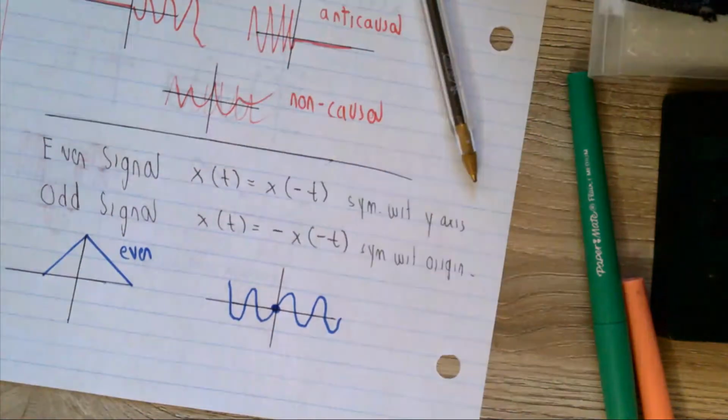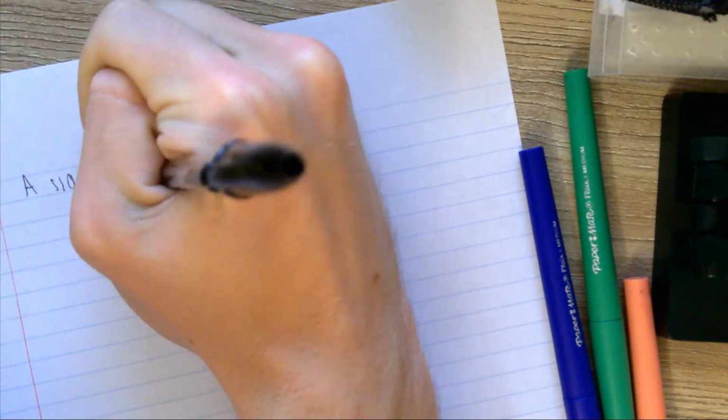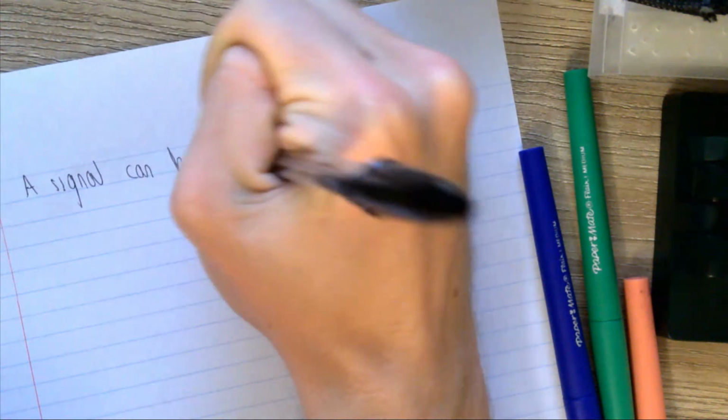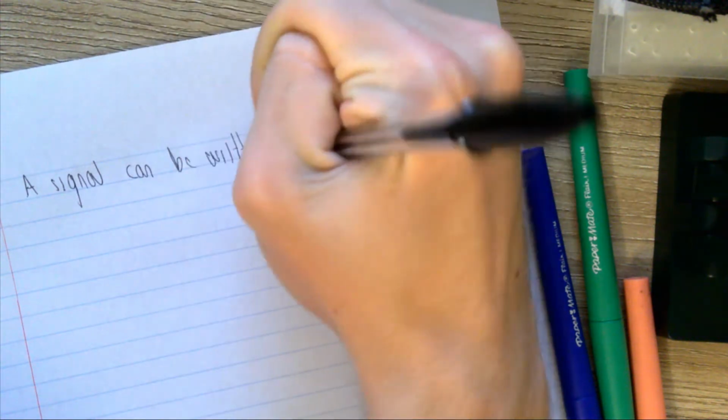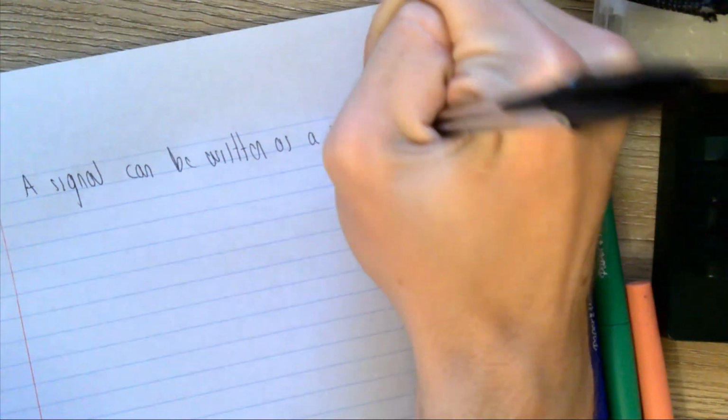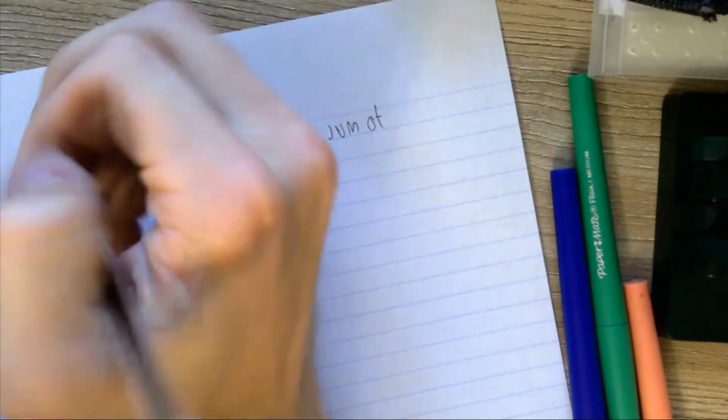And so now that we covered that, we're going to look into even and odd components of signals. And so a signal can be written as a sum of its even and odd components.